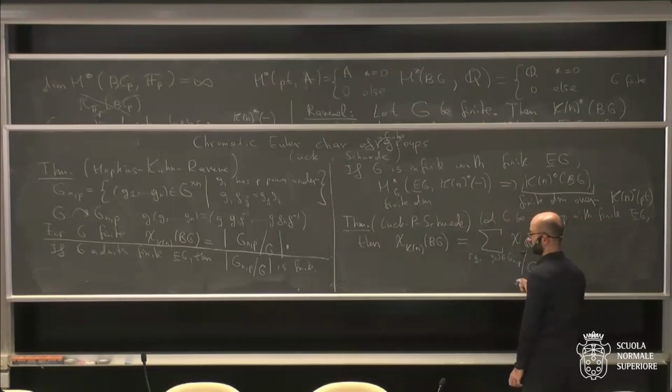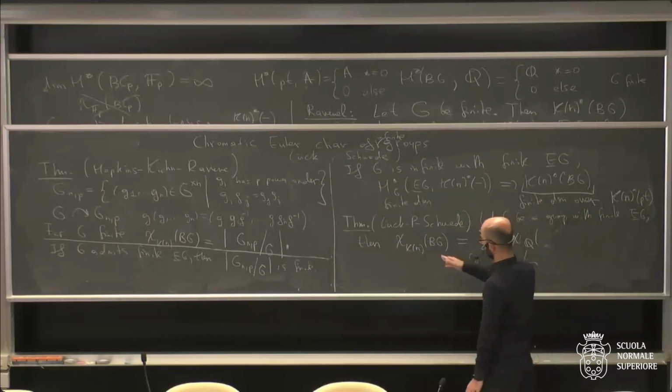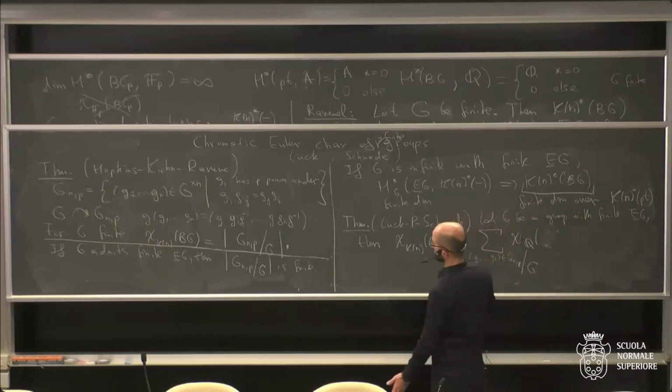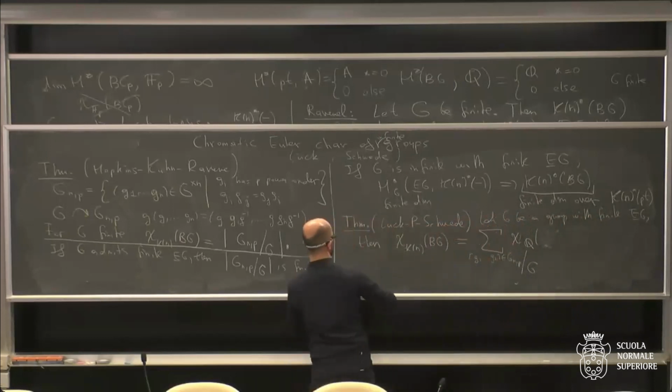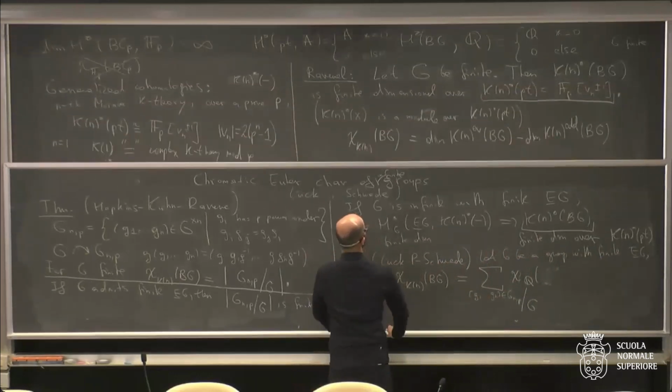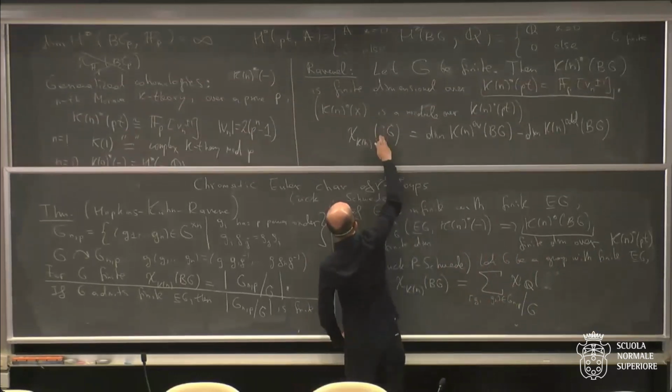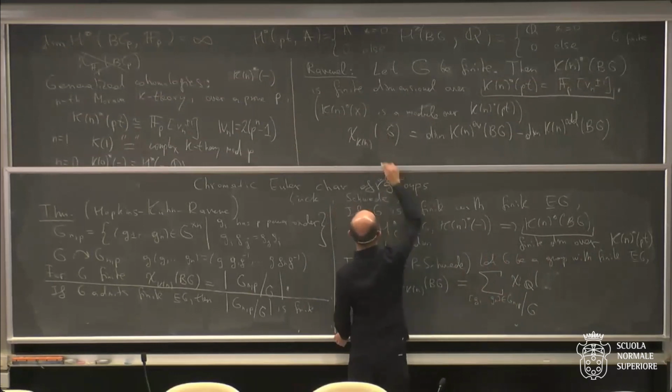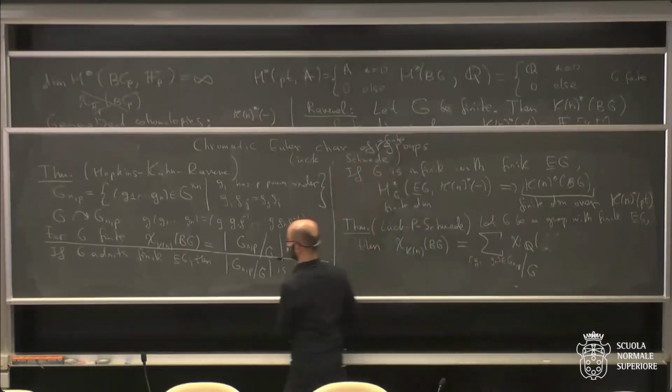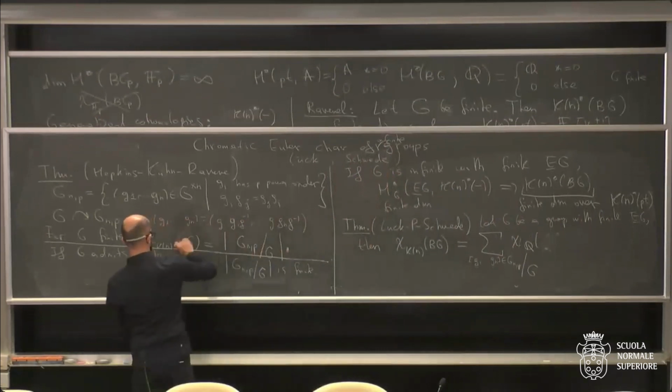I told you that I will remove this B everywhere, so when I do the Euler characteristic, I should just do G. I don't want to drag around the B here as well, because I told you I will not use the B.